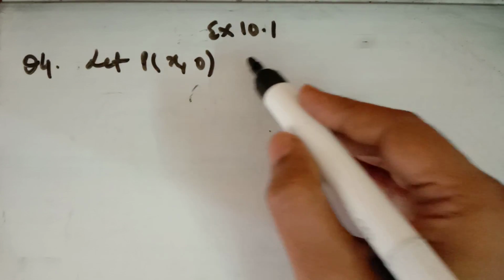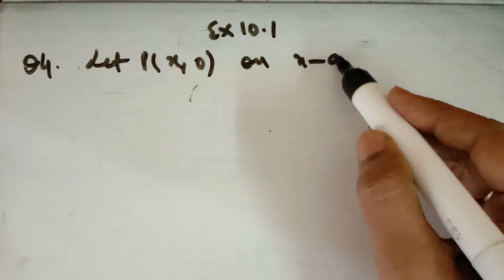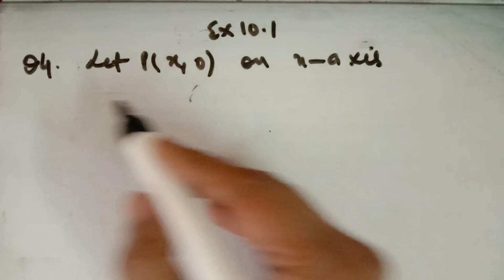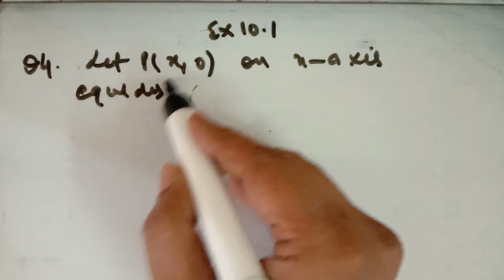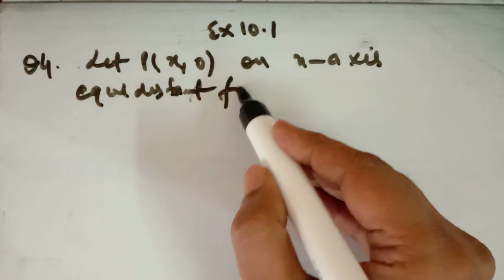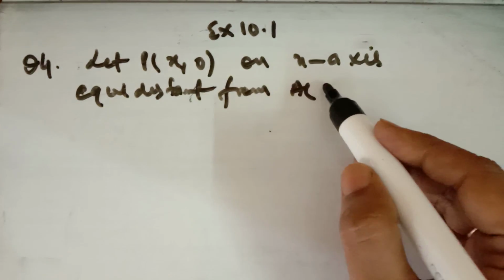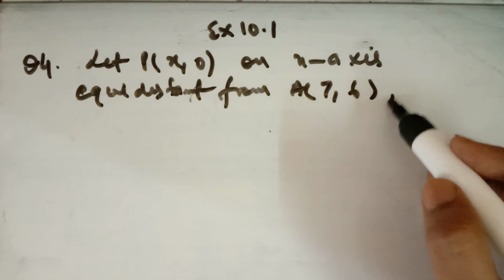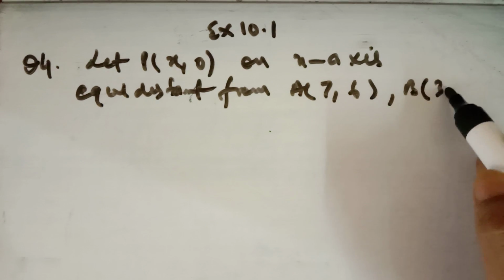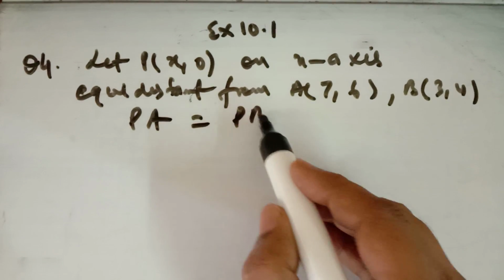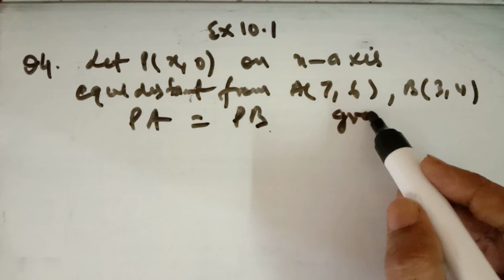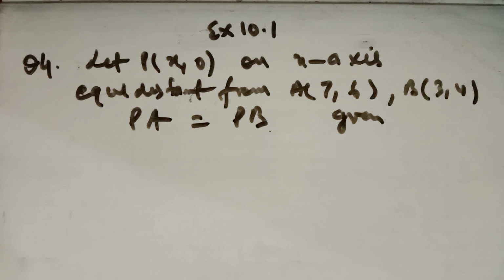It is equidistant from the points A, which is (7, 6), and B, which is (3, 4). It is given that PA is equal to PB, that this point P is equidistant from the two given points A and B.